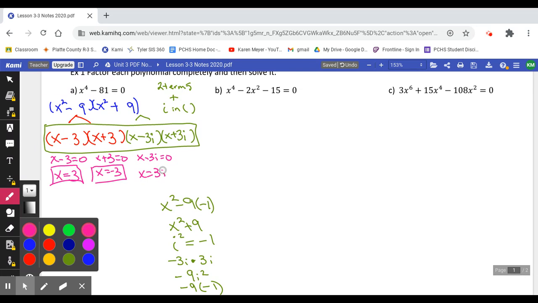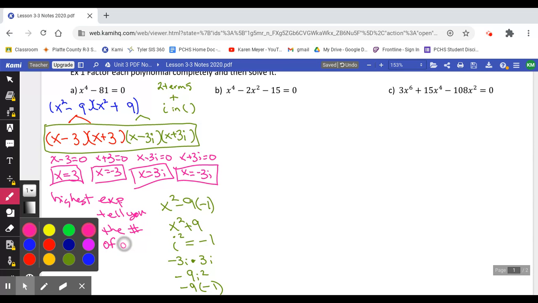Move that over, and it becomes positive 3i. And then x plus 3i equals 0. Move it over, and it becomes negative 3i. So there's my 4 answers. And remember, for answers, the highest exponent tells you the number of answers you should have.